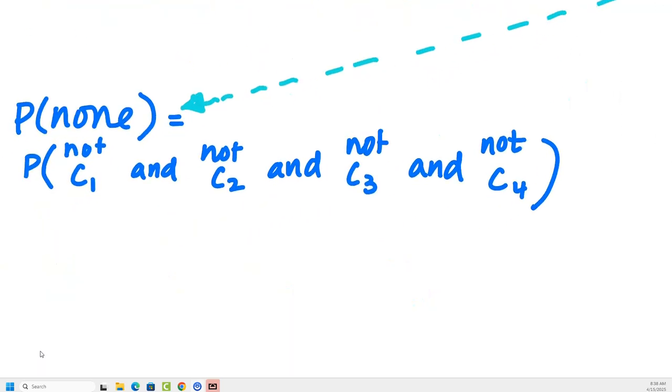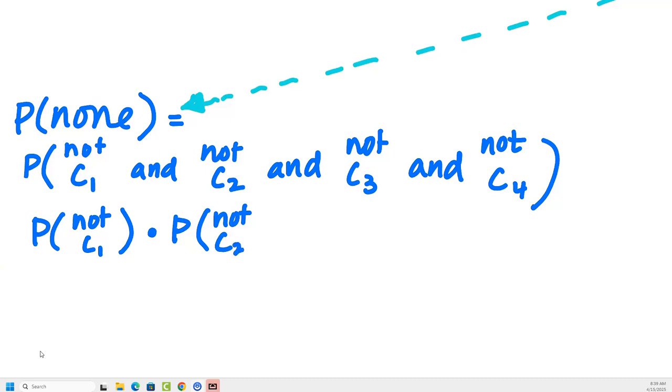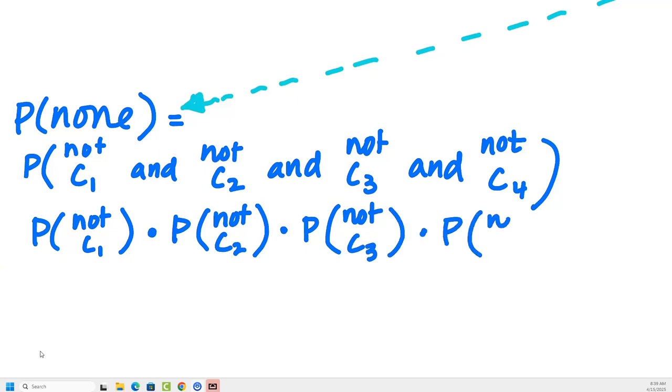So isn't this going to be the same as the probability of not C1? They're independent events, so times the probability of not C2 times the probability of not C3 times the probability of not C4.